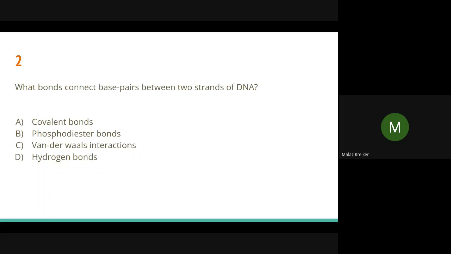It seems like people are responding quickly to that one. So you see the difference here? Here it's talking about between two strands of DNA. In this case, yes, it is hydrogen bonds. But when you think about within a strand of DNA, it's a phosphodiester bond.